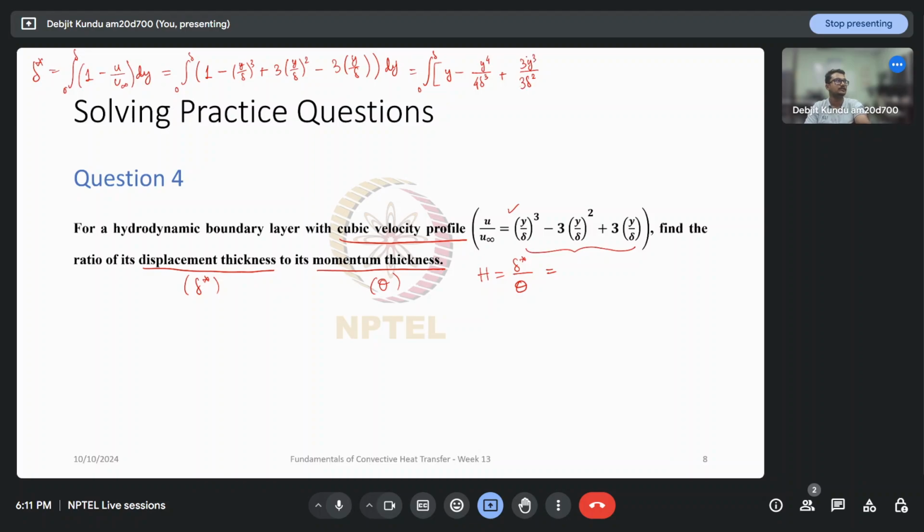These two 3's will cancel out. Then we have minus 3 in the numerator, 3 delta in the denominator, and y squared and a 2 over here. So I have actually integrated these things. It will go from 0 to delta, and if I simply plug in delta, I'll get, and I'll take delta common.